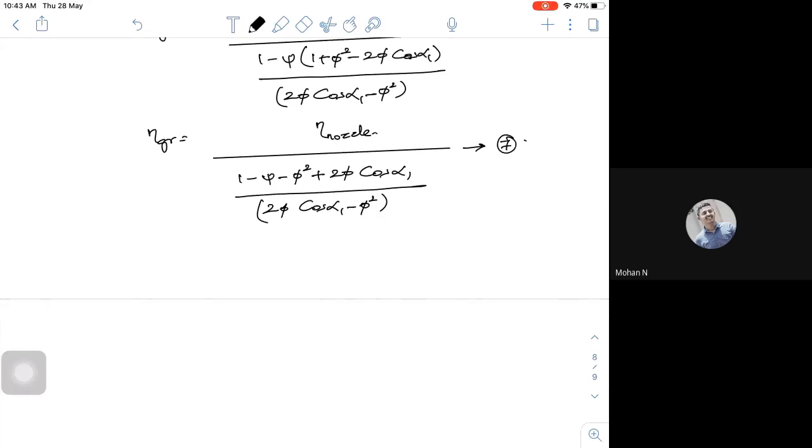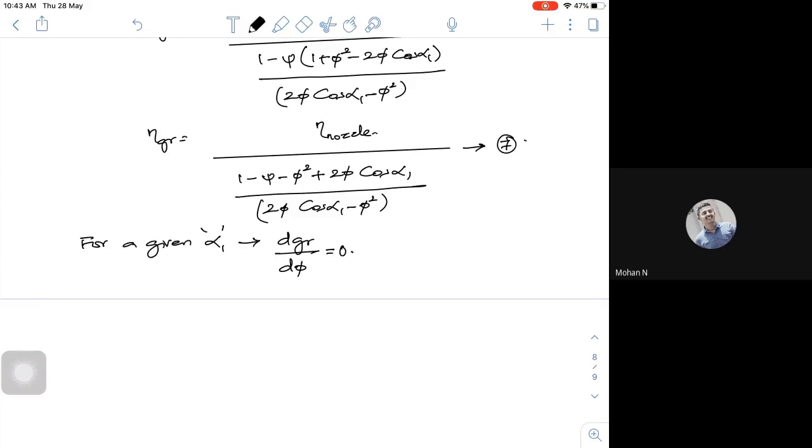Now I can maximize this actually. If you look at it, for a given alpha 1, that means it becomes constant. I can maximize the gross stage efficiency by differentiating with respect to phi and equating it to 0.